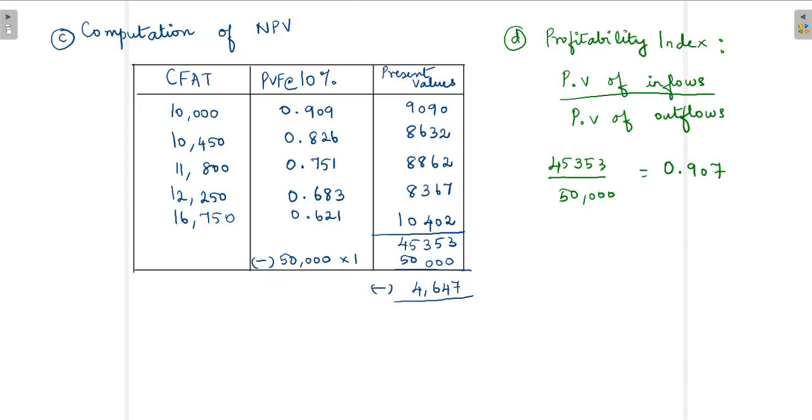The next is to find the net present value. Here we need the cash flow after tax. So we take these values from the earlier table that we have already created, and we use the present value table to find the values for 10%.